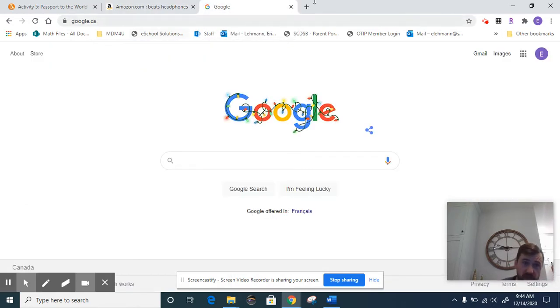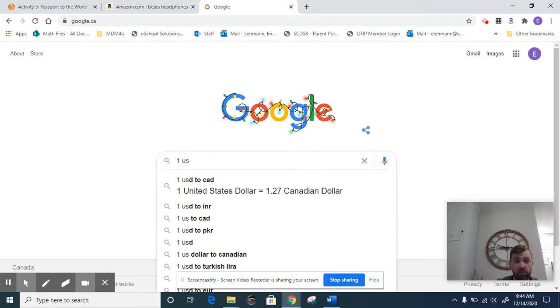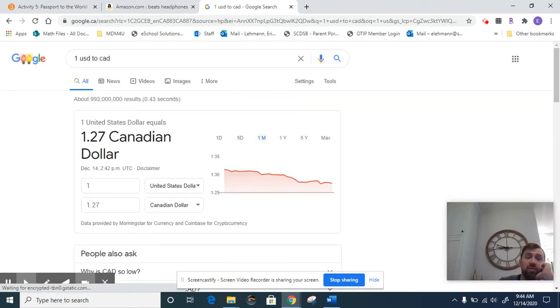The easiest thing to do is you could actually use Google and you could type in $1 to Canadian, and you'll see that it does that right away for you. One United States dollar equals $1.27 Canadian, which is pretty good right now. That's exciting because we've actually done okay. Recently, our dollar's gone a little bit stronger, but that's our conversion rate.